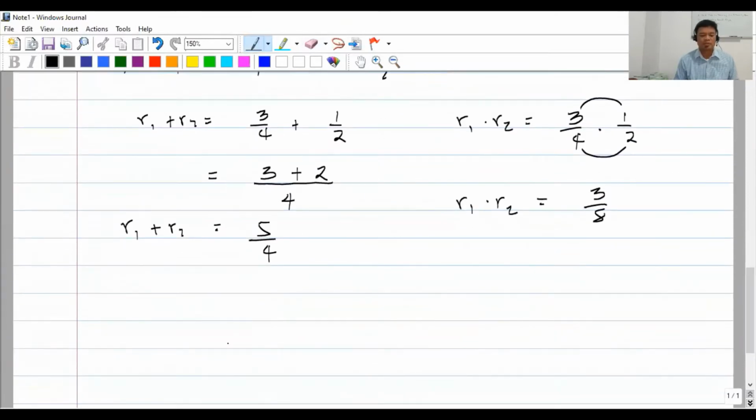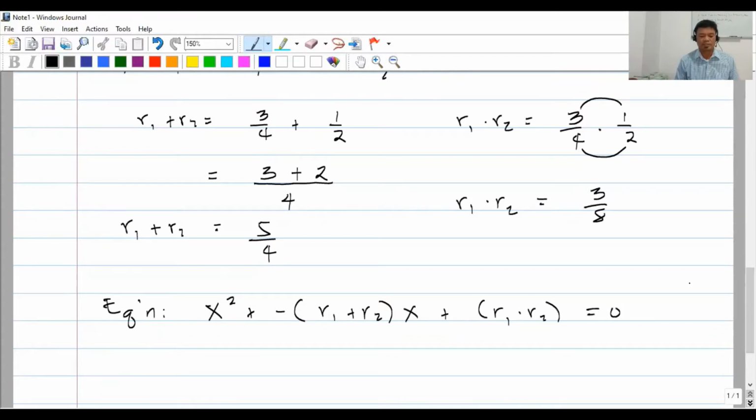Okay, so given our sum and product of the roots, the possible equation could be x squared plus the negative of R1 plus R2 of x plus the product of the roots R1 and R2 equals 0.